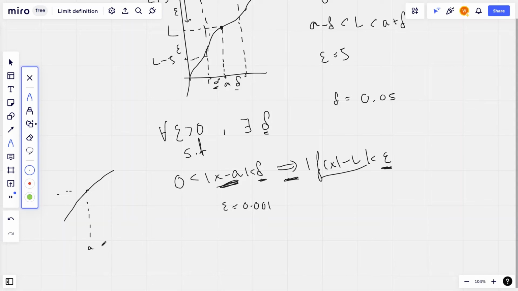This is still our A, but then we have these two values at either side, 0.05 here, 0.05 here, and we're saying that we can still go within our range, where we have the L here, L plus 0.001, L minus 0.001. So despite having this, we can still find some value of delta that's contained inside of this interval.